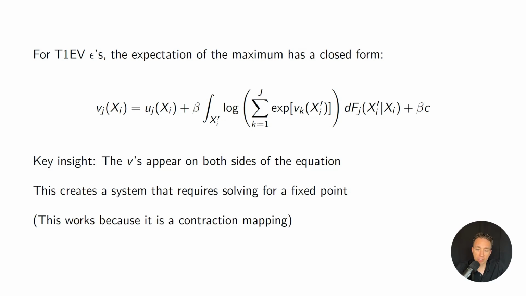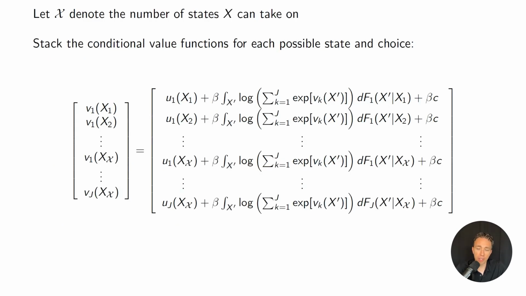And the reason that we can do this is because there's a contraction mapping. And I don't want to get into all of the math and the theory there, but you can do that on your own time. So let's see how we can actually operationalize this procedure. So let's denote squiggly x as the number of states that x can take on. We're going to stack these conditional value functions for every possible state and every possible choice.